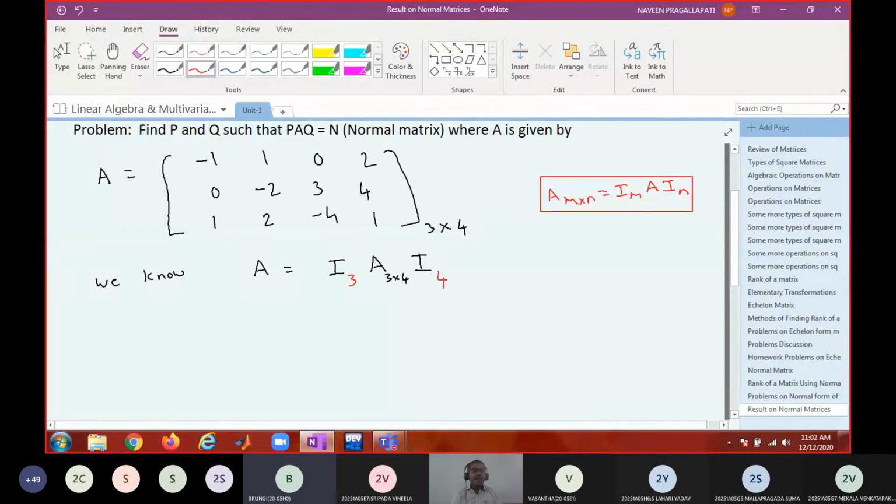Here, this one is called the prefactor and this one is called the post factor. I3 is the prefactor, I4 is the post factor. Now copy the matrix again: -1, 1, 0, 2; 0, -2, 3, 4; 1, 2, -4, 1.